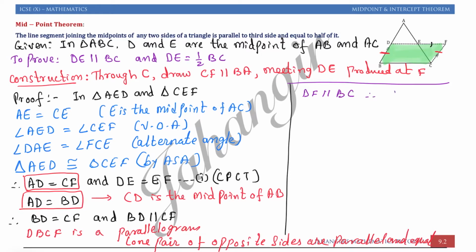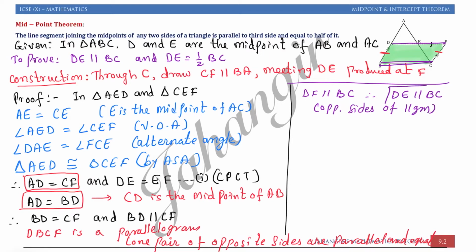So therefore I can say DE is parallel to BC, because they are all the same line. See, these two line segments are always parallel. So you can even read it as DF is parallel to BC, opposite sides of a parallelogram. Let us write opposite sides of parallelogram.